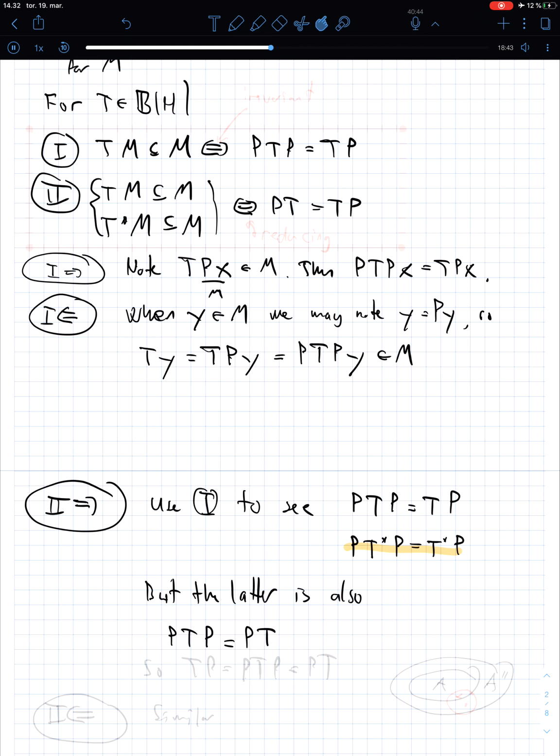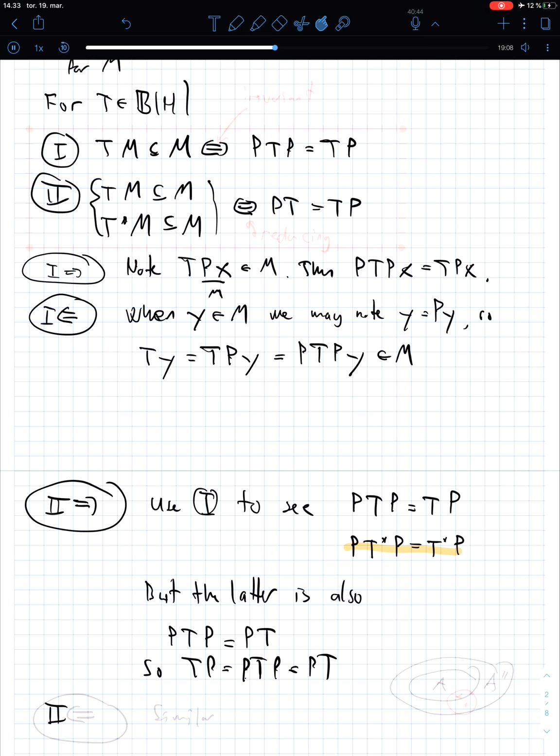If I star through on PT star P, I get PTP. If I star through on T star P, I get PT. So I have that PTP is both TP and PT. So TP is PTP is PT.